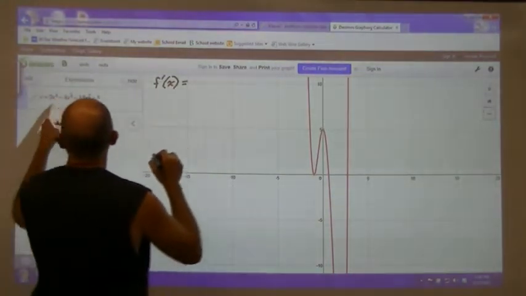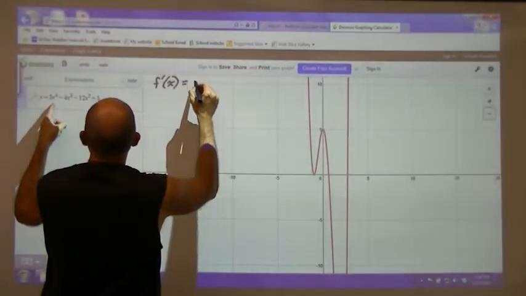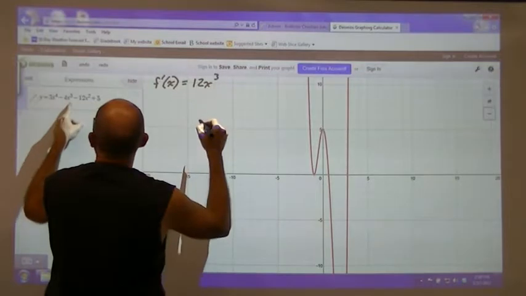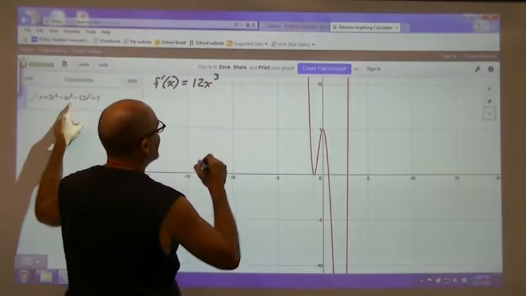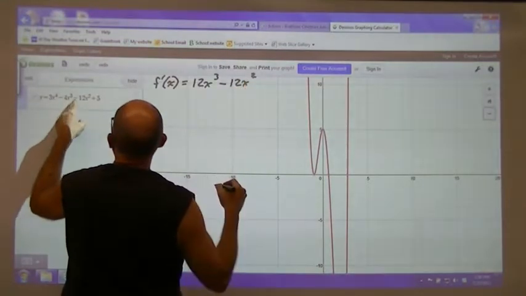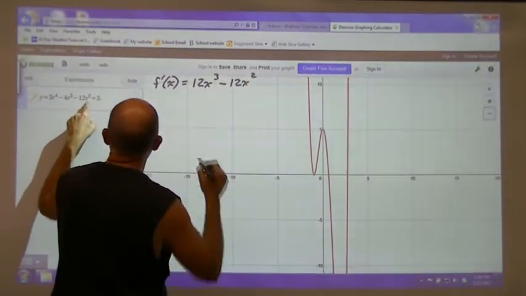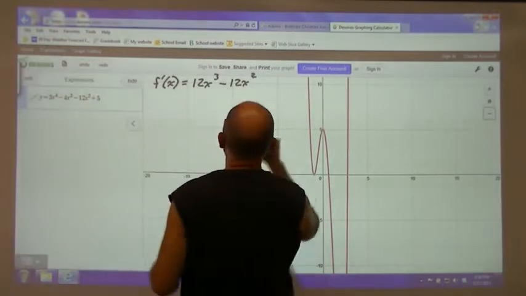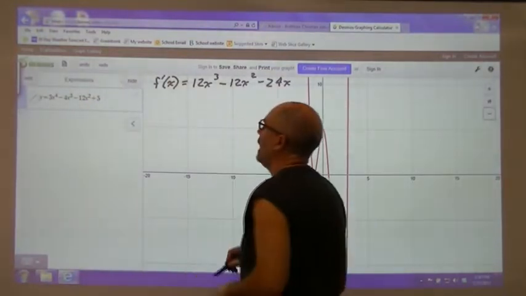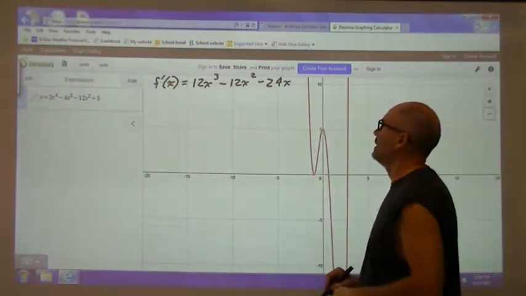So the first derivative is going to be 3x to the fourth, well, that's going to be 12x cubed. And minus 4x cubed is going to be minus 12x squared. And then minus 12x squared is going to be minus 24x. And then the derivative of the plus 5 is 0.